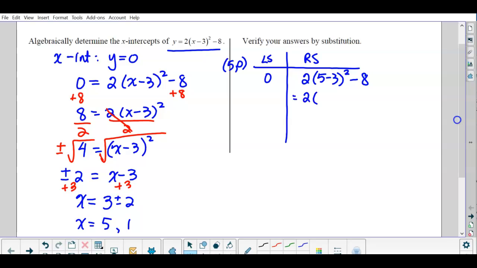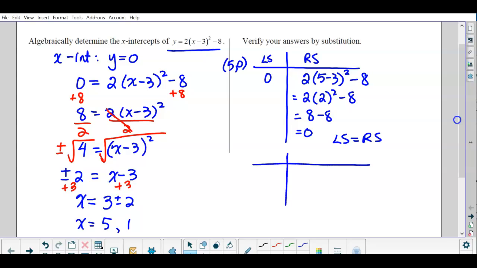So that's 2 times 2 squared, which is 8 minus 8. So left side equals right side. And 1, 0. You know what that is?